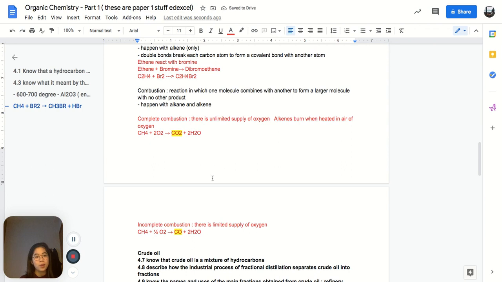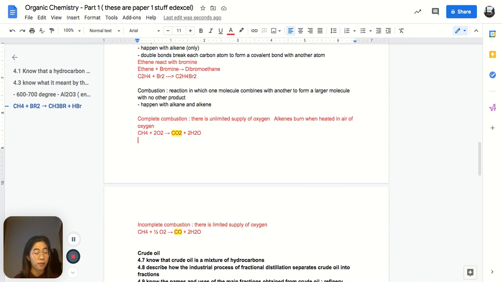They won't ask, when does it happen in complete combustion? When do you know it's incomplete combustion? They wouldn't ask you that in an exam question, but in an exam they will probably ask you, can you give an example of complete combustion, or can you write me a chemical formula for incomplete combustion? Something like that.